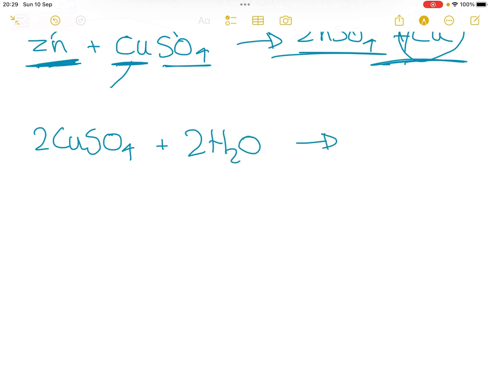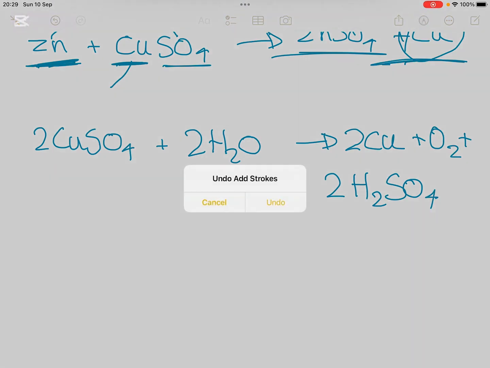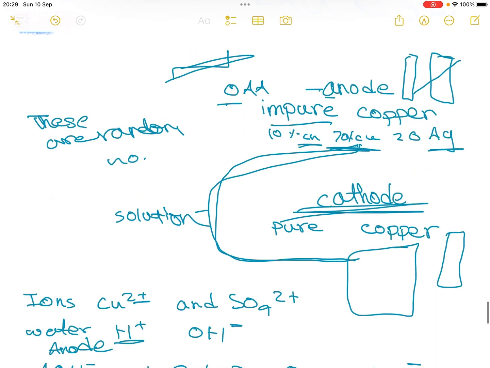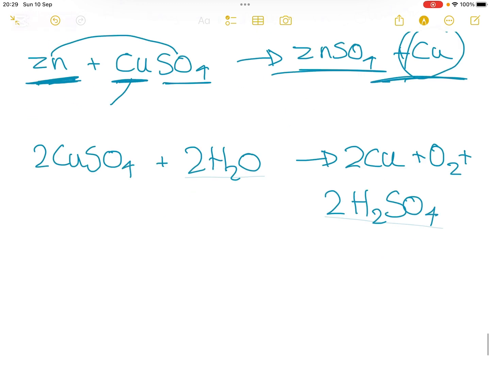At the very end we have pure copper, with oxygen and sulfuric acid, I guess. And this is all. Also you need to know that at the anode we have impure copper, and at the cathode we have pure copper.